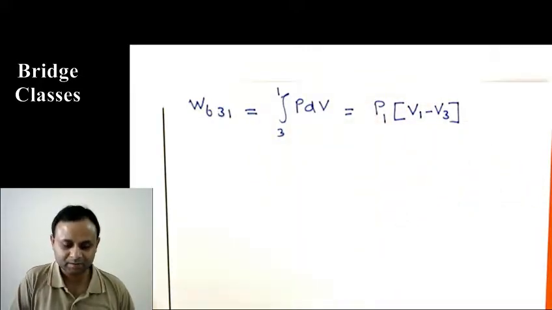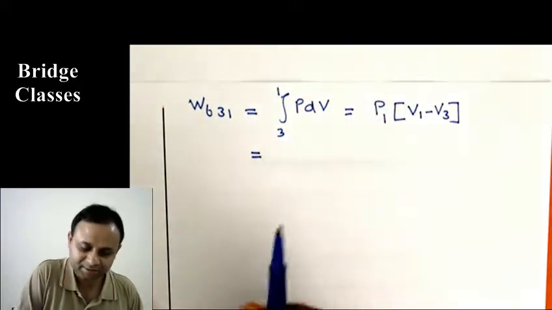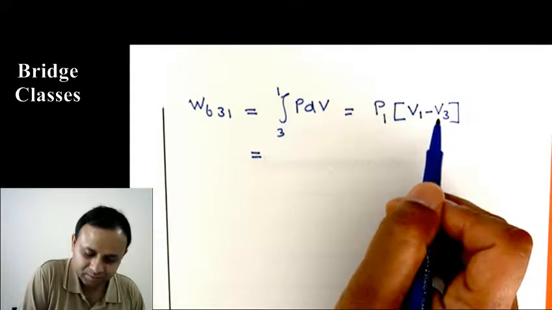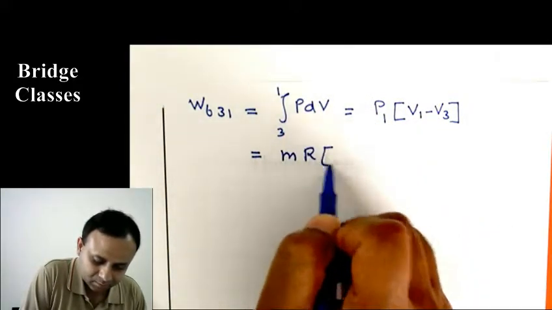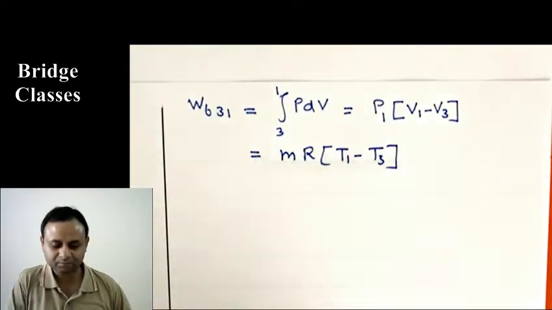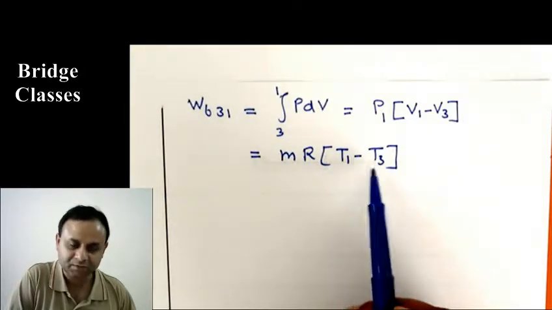And you can write this using PV equals mRT. So it is P1 V1, and P1 and P3 are the same. So this becomes equal to mR (T1 minus T3). We have these numbers already. We have mR, T1 is given, and T3 we already evaluated.